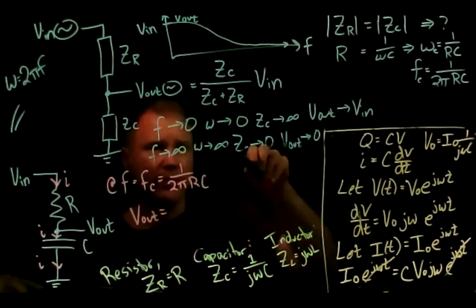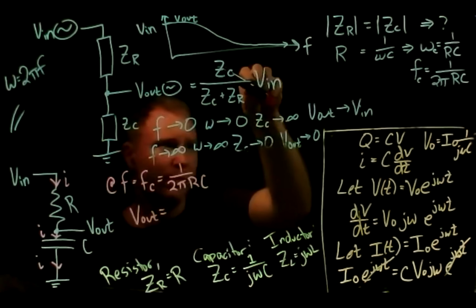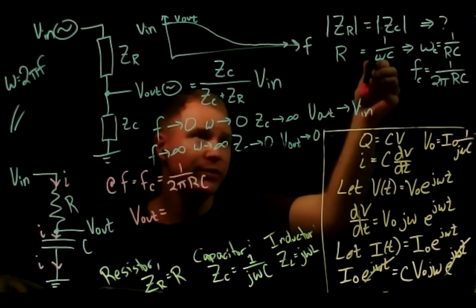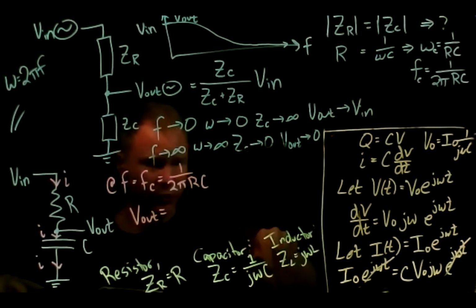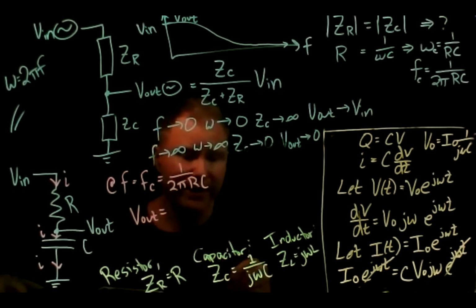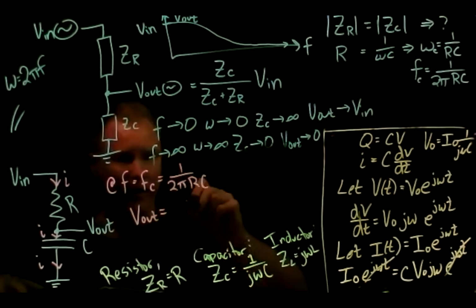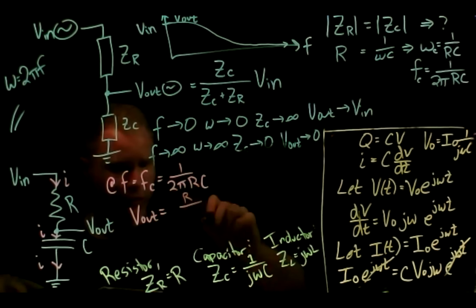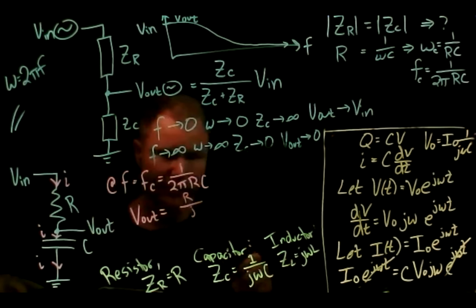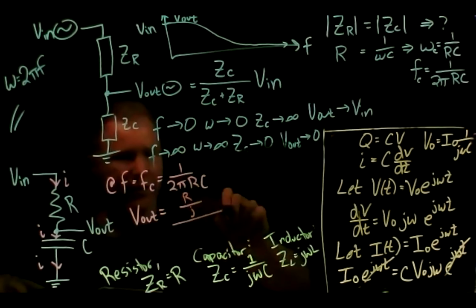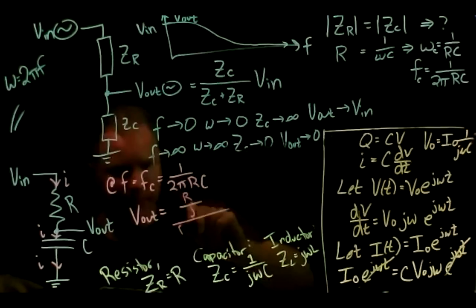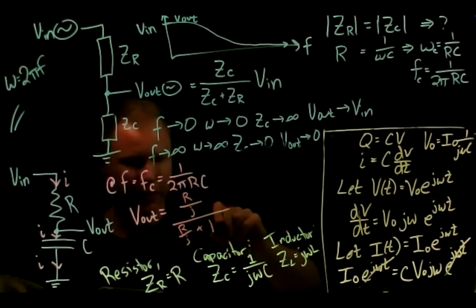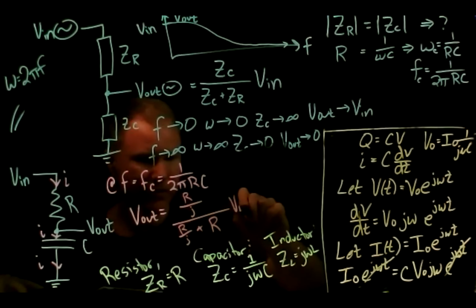All right, now remember, I think the easiest way to do this is to remember that when this is true, it means that the magnitudes of these things are the same. So ZC, its magnitude is going to be R. So I'm going to have R over R over j plus just R, times V in.